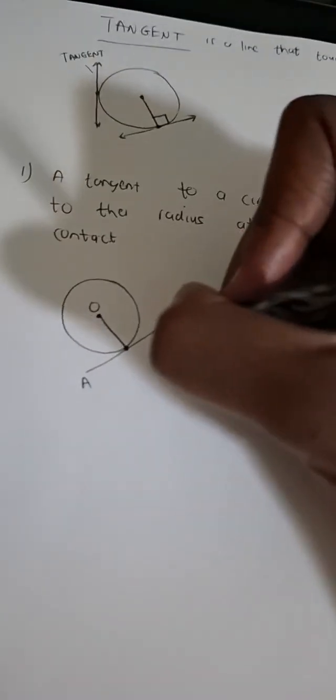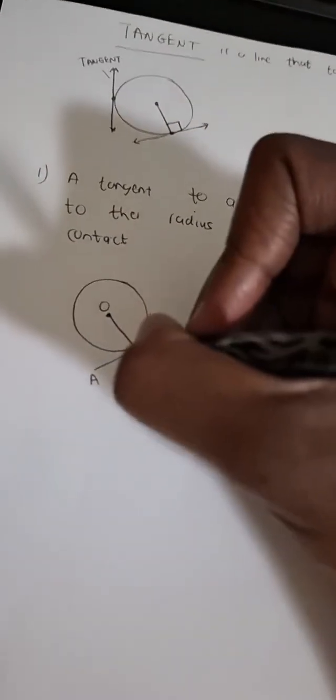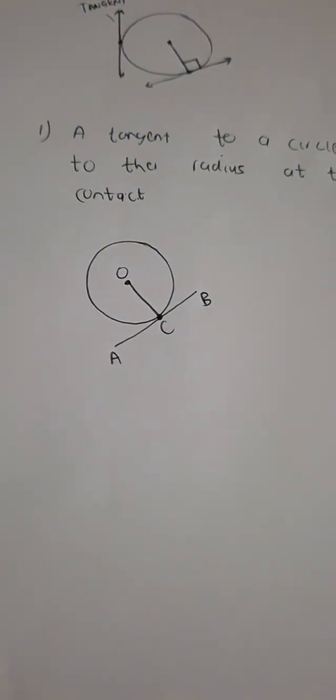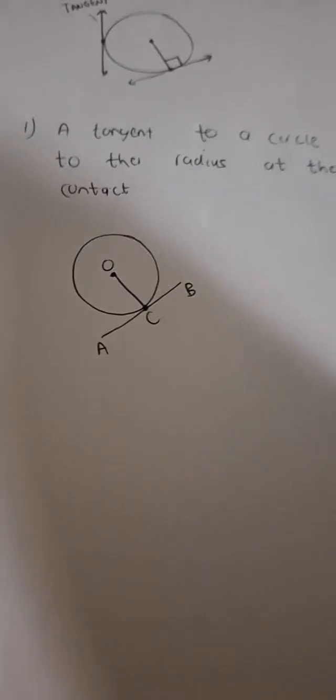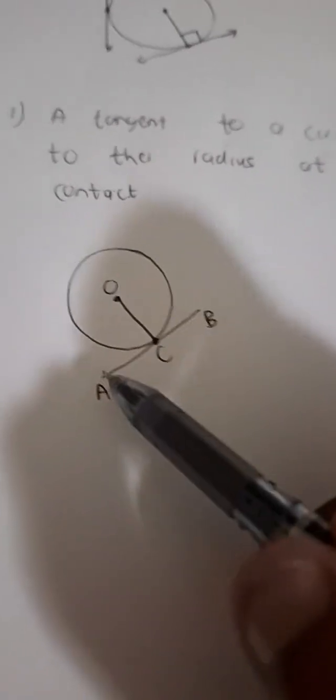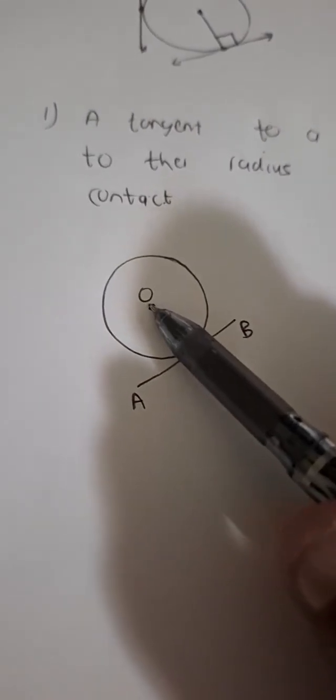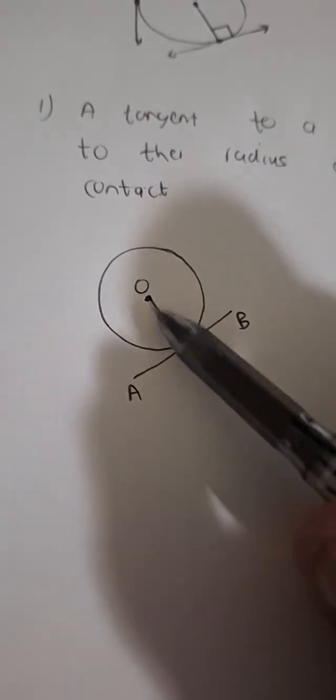Thank you. So that's O, the center. Let's say that's line AB, that's the tangent. And let's just say that is C, the point of contact. Okay, so this theorem is saying a tangent AB is perpendicular to the radius.